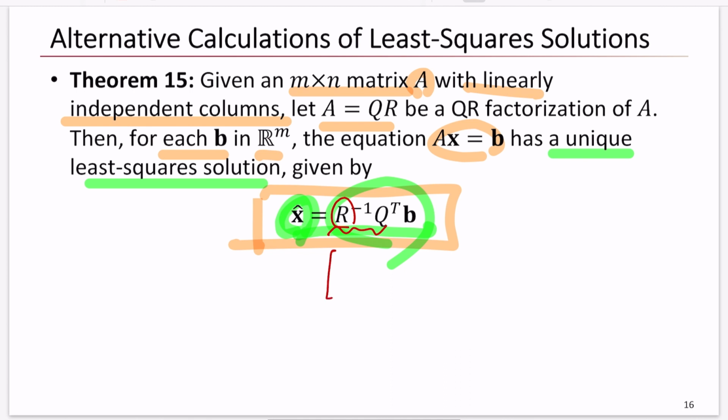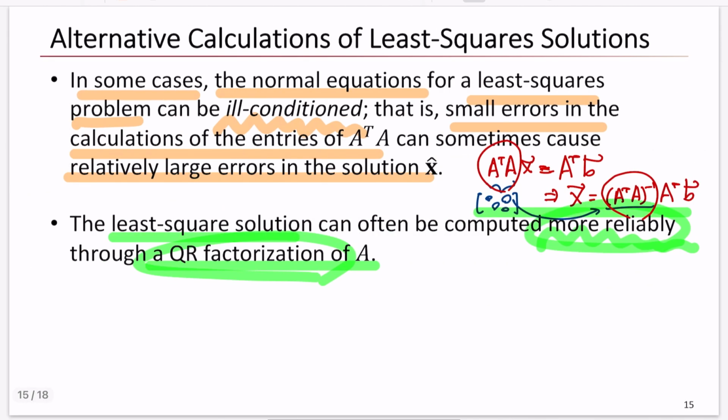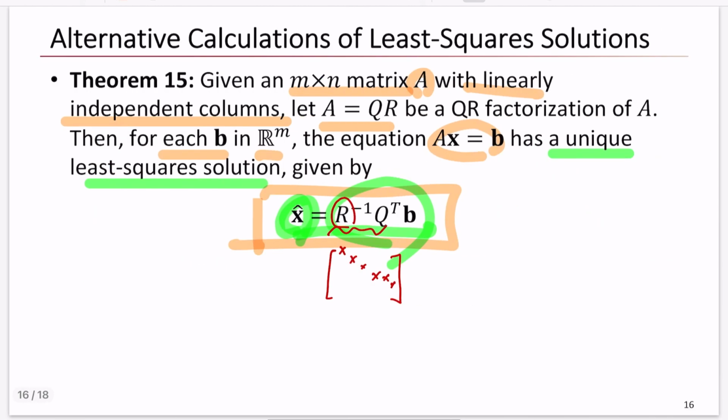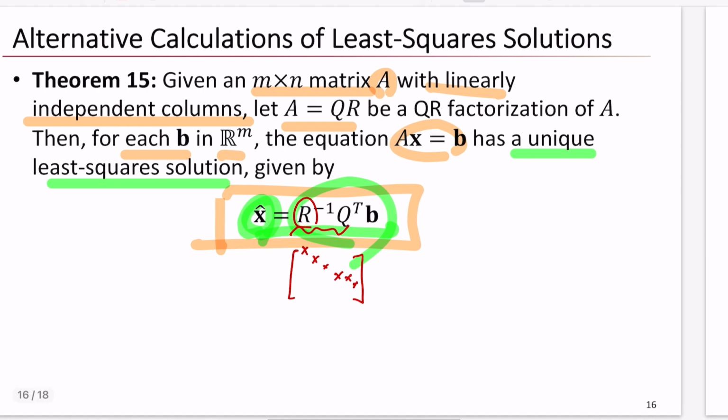First of all, it is a square matrix and its diagonal terms are always positive. That's why the inverse of this matrix R is much more stable and reliable compared to the inverse of A transpose A. That's also the reason. Anyway, x hat is going to be R inverse Q transpose b. That's the least square solution.